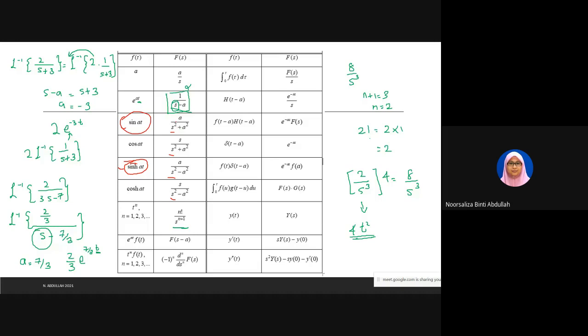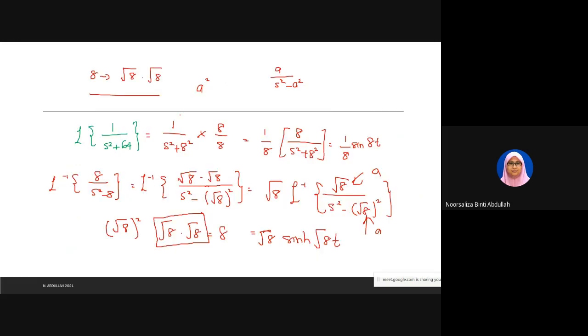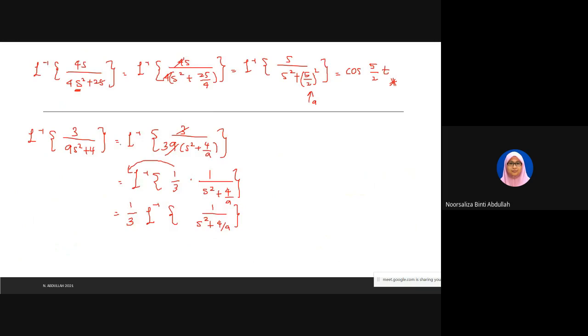But here also you need a A dekat atas. Sebab dekat sini bukan S. So it must be A. Kalau tak ada S, you jangan tambah S. Sebab jawapannya salah. Maksudnya you have to find dekat sini 1. You kena bagi dia sama dengan yang kat bawah ni A.